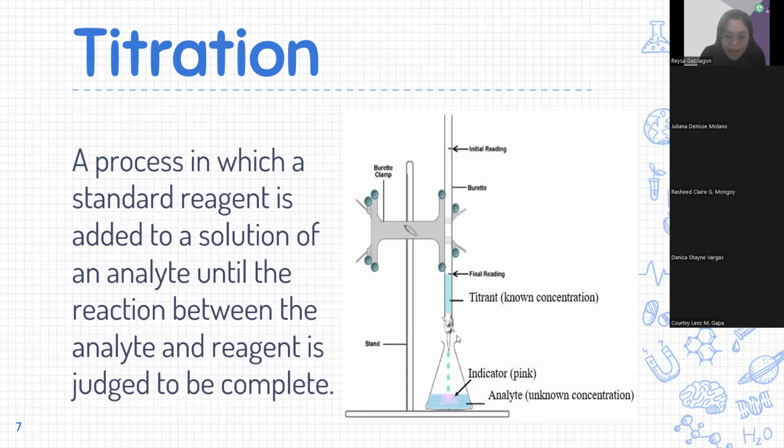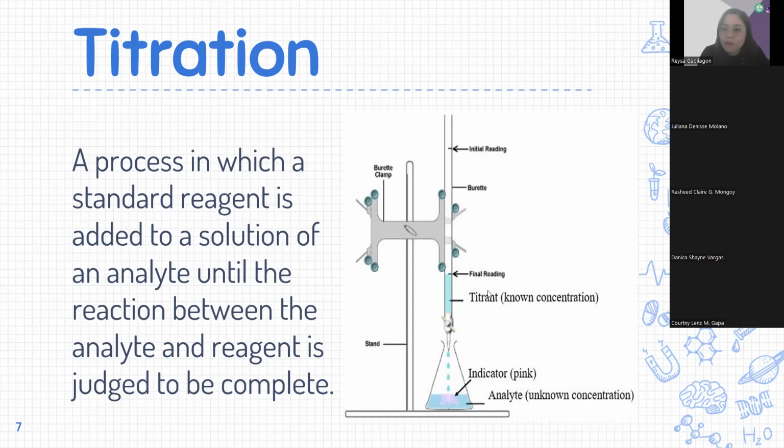Okay? So, ito yung picture ng titration setup, but you saw this in the laboratory. You have there the iron stand, the burette clamp kung saan natin ilalagay yung burette natin, and then the titrant. Please take note that the titrant is always placed here in the burette.